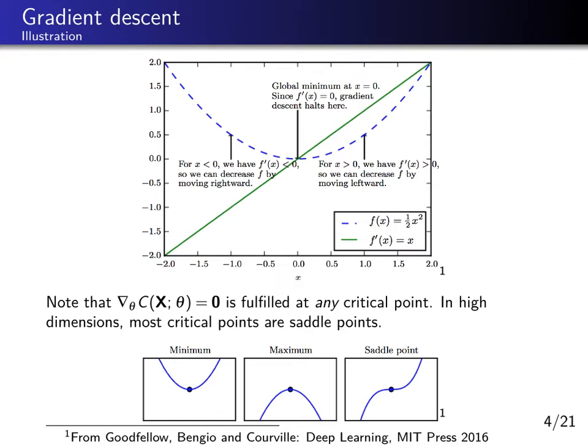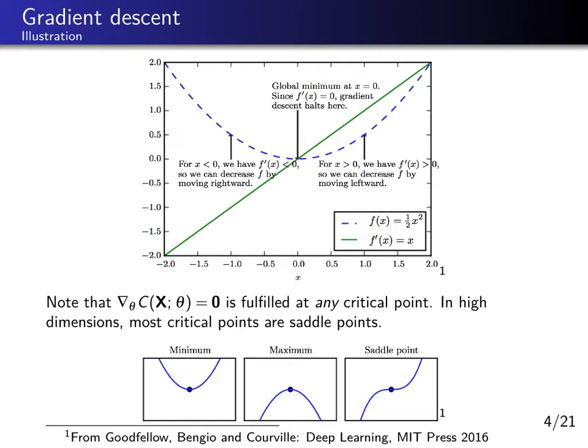Now, following simple statistical arguments, it is simply such that minima and maxima are rare things in high dimensions because you need all the eigenvalues to be negative or positive. So that means saddle points are much more common in high dimensions, and they are the most frequent stationary states, so the most frequent states where the gradient is 0.